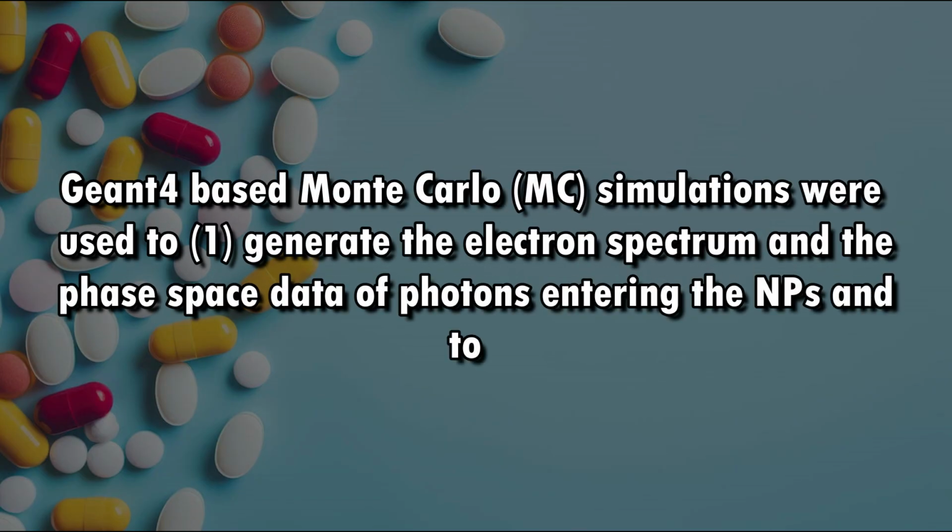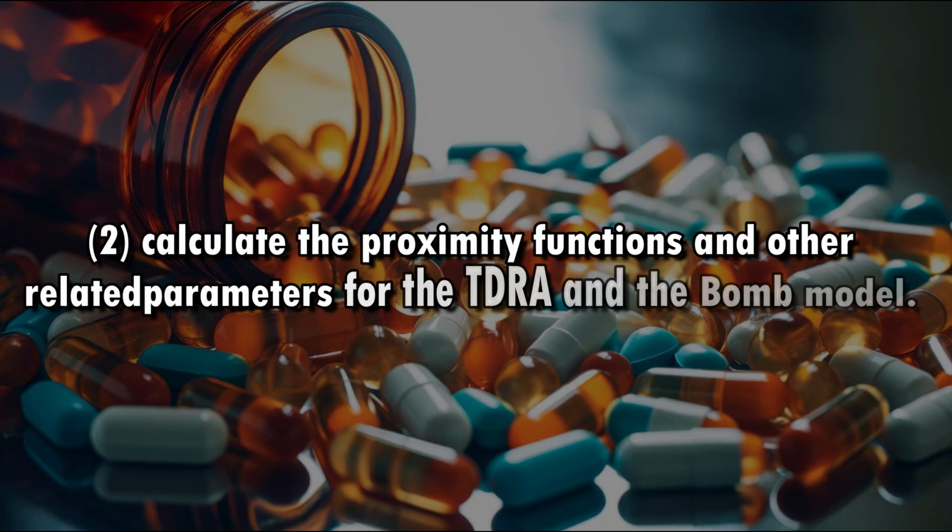Geant4-based Monte Carlo, MC, simulations were used to, one, generate the electron spectrum and the phase space data of photons entering the NPs, and two, calculate the proximity functions and other related parameters for the TDRA and the bomb model.